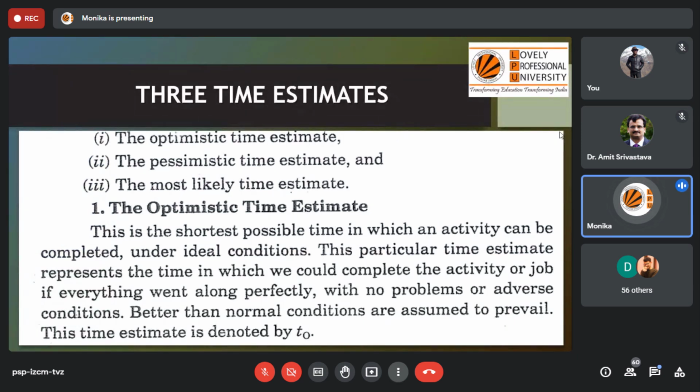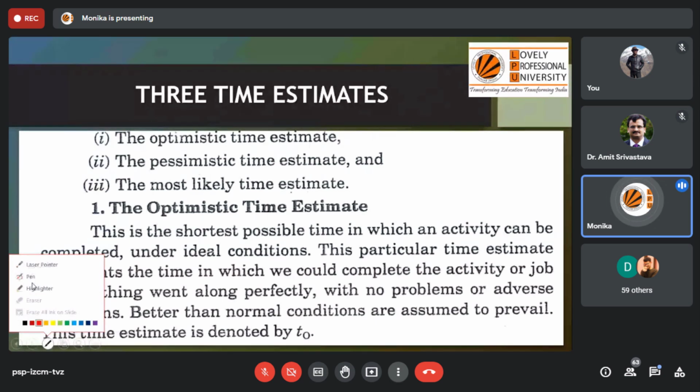So a delay of 2 days, even in a single activity, may result in a delay of 6 months in the overall duration. This time estimate will help us decide what estimate we need to consider while planning our activities. So we have 3 types of time estimate which we choose in our construction planning.